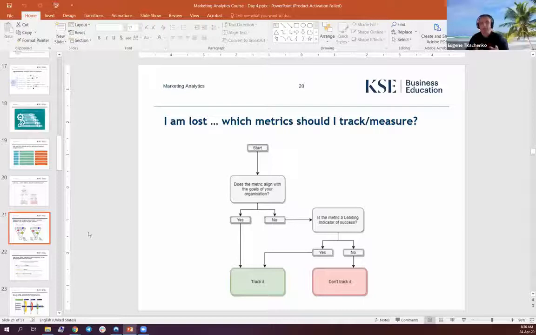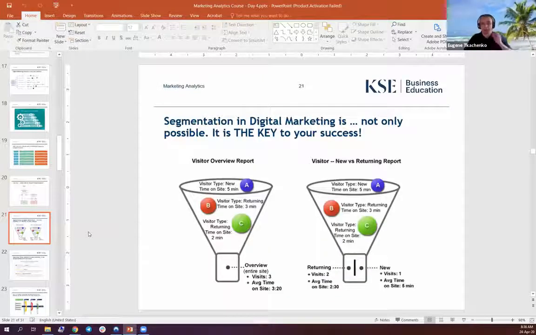And the coolest thing about digital marketing is that segmentation is always possible, if you have a sufficient infrastructure and system in place. The value of first-time visitors versus repeat visitors is different. During the first part of these lectures, we were doing segmentation analysis in two ways.